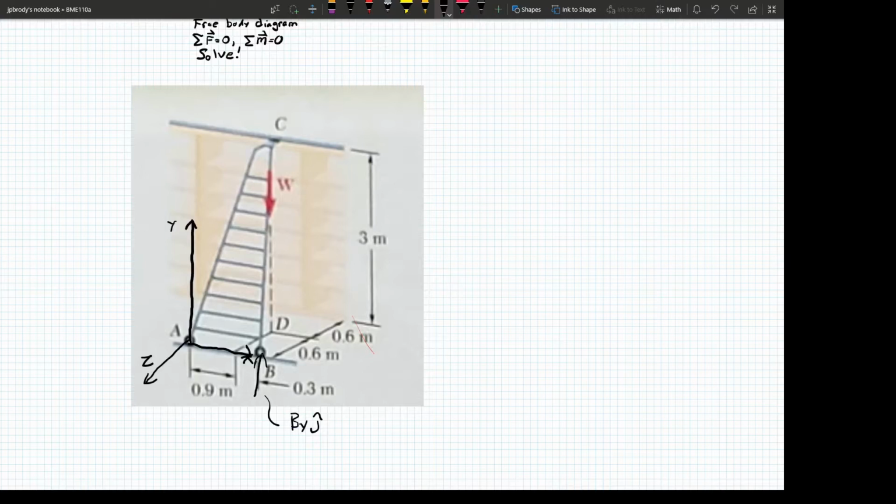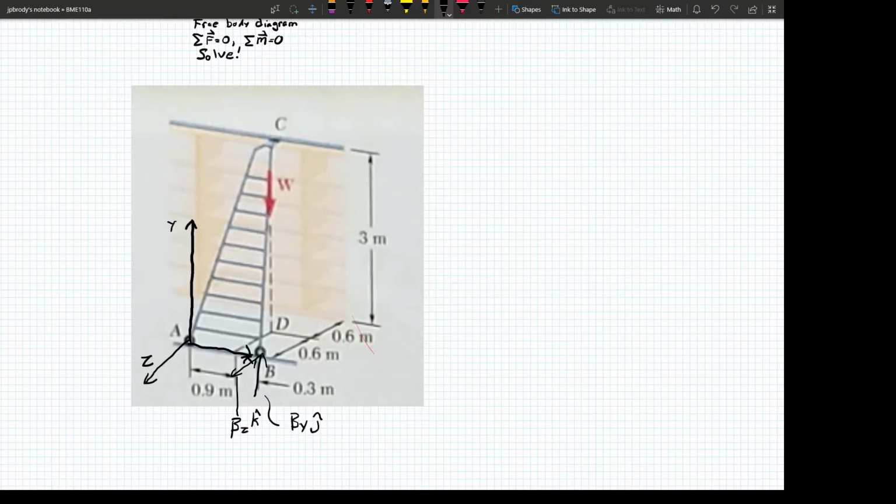The second is acting in the Z direction, so that's B sub z in the k hat direction.